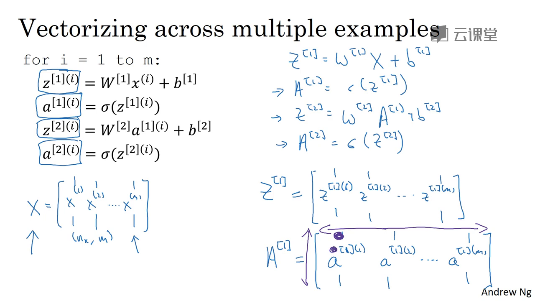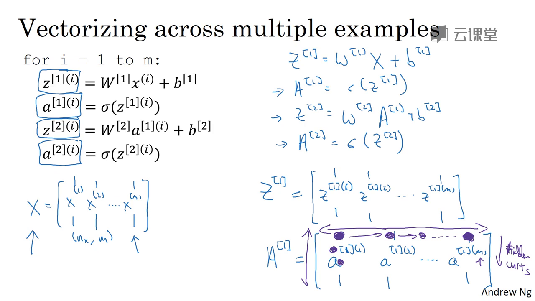One value down corresponds to the activation in the second hidden unit on the first training example, then the third hidden unit on the first training example, and so on. So as you scan down, this is indexing into the hidden unit number. Whereas if you move horizontally, then you're going from the first hidden unit in the first training example to now the first hidden unit in the second training example, the third training example, and so on until this node here corresponds to the activation of the first hidden unit in the final training example, the M-th training example.